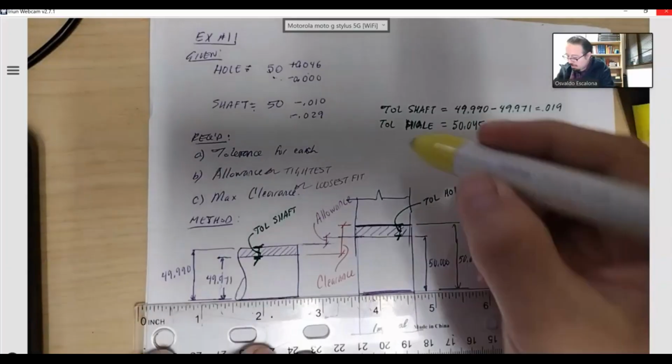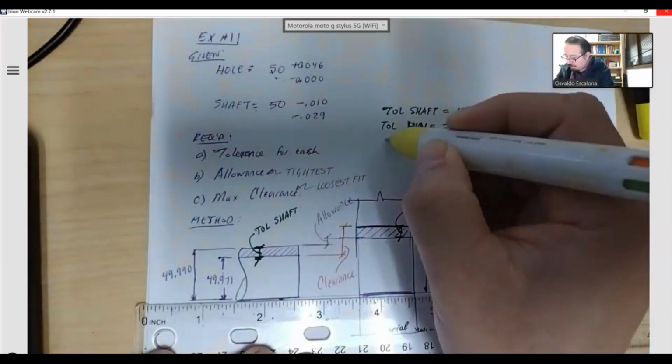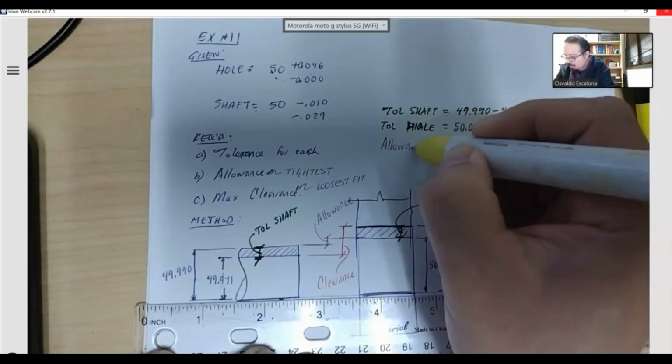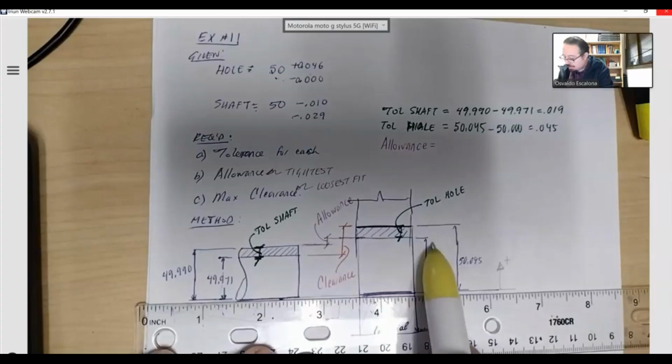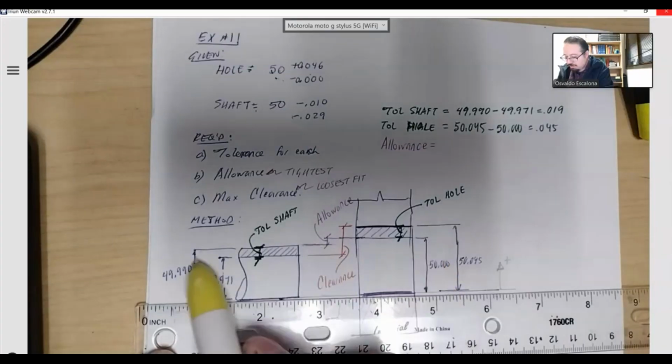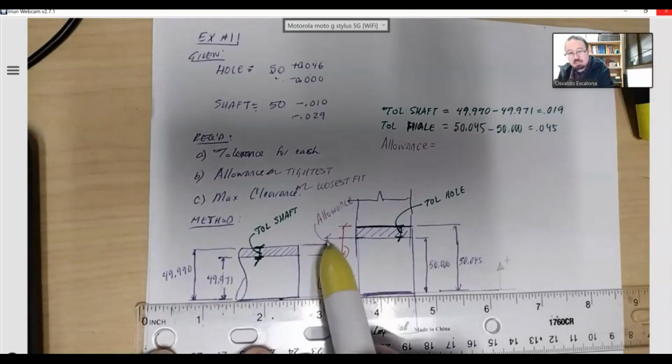All right, so now let's do the math. If I want to have the allowance, I need to find that little distance. What represents that little distance? That represents the 50 and the 49.990. If I subtract one minus the other one, I will get that little distance.